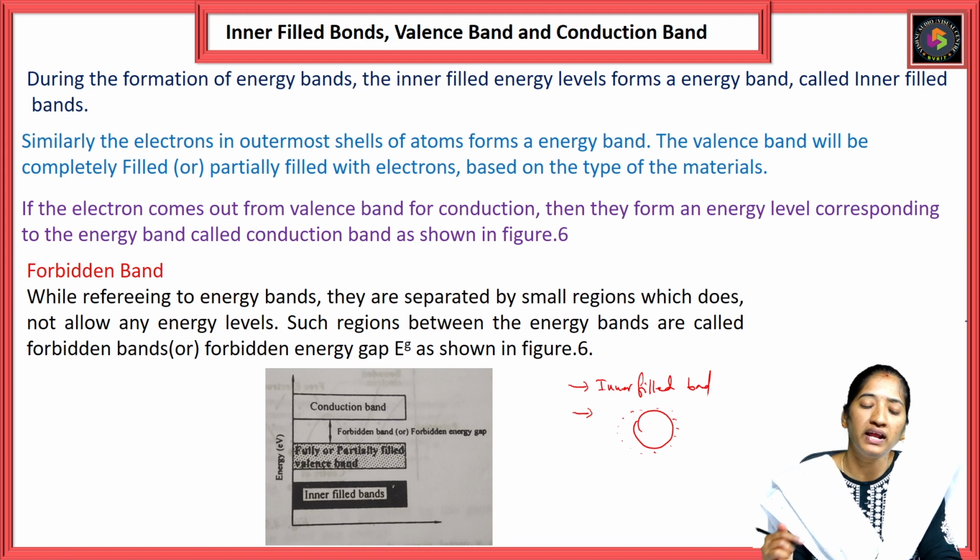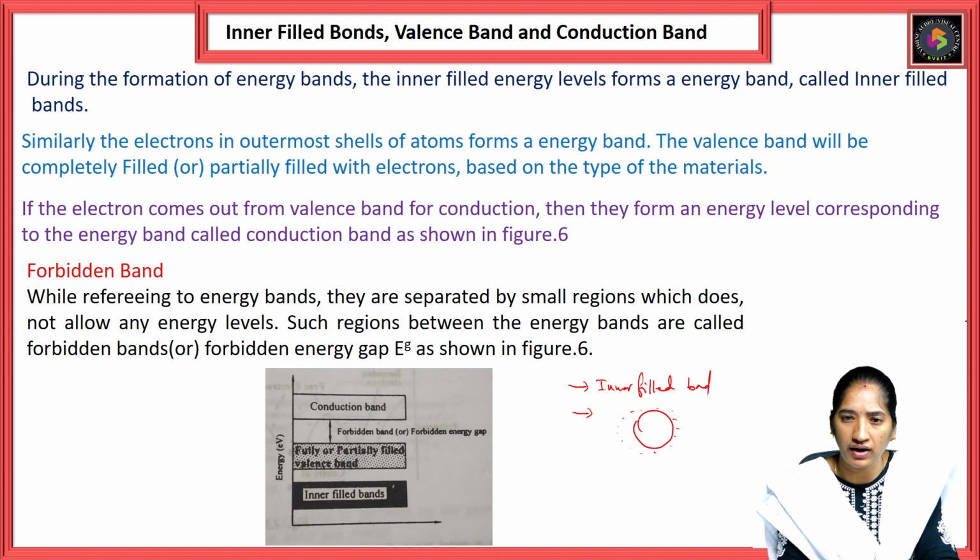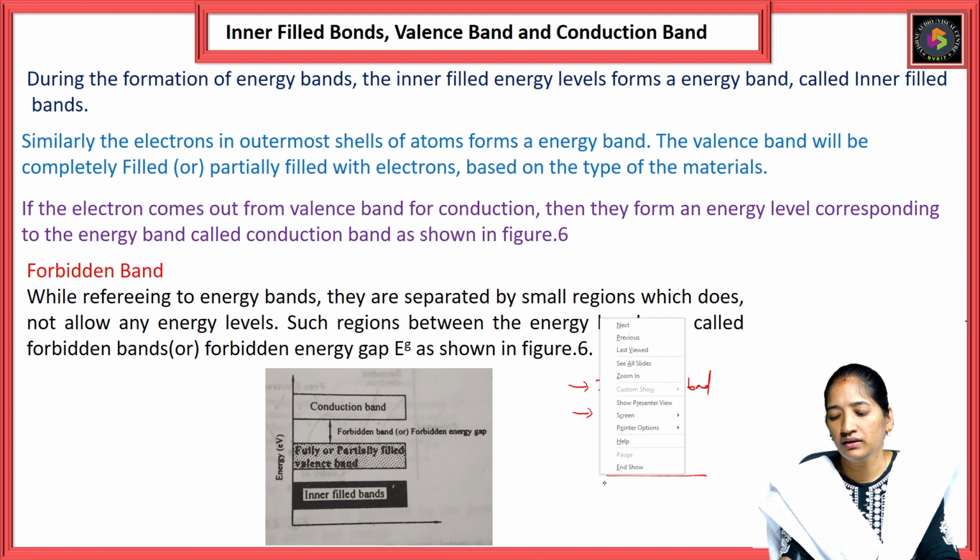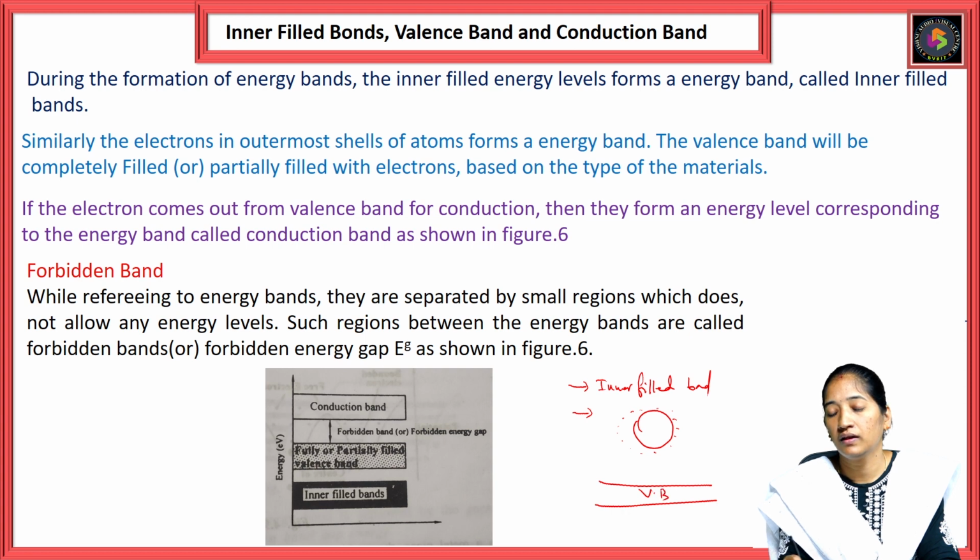If the electrons come out from the valency band for conduction, they move from the valence band to another band for conduction.